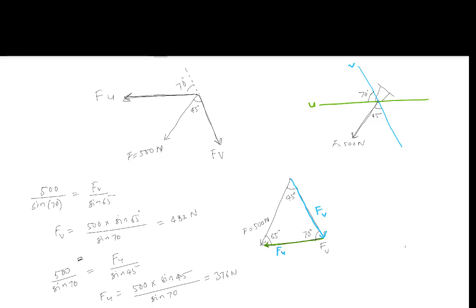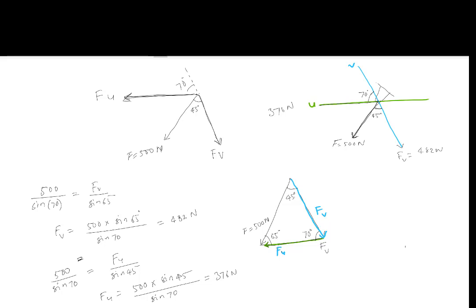So if you need a resultant of 500 Newton in this direction, you need to pull Fu with 376 Newton and Fv with 482 Newton.